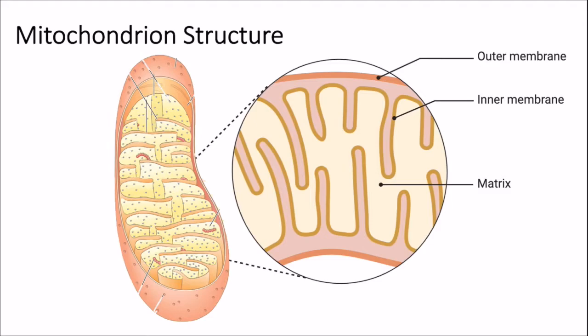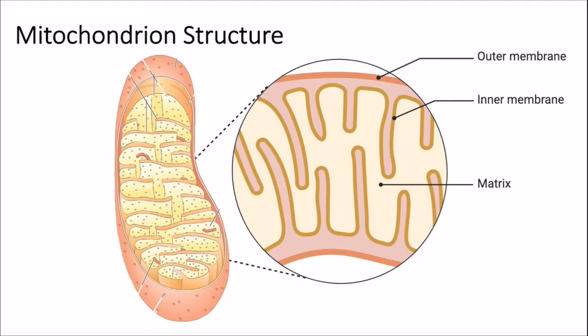If we look at this diagram, we see that the mitochondrion consists of two phospholipid bilayer membranes. The two membranes are the outer membrane and the inner membrane. In the diagram, the outer membrane would be out here, and the inner membrane would be here.